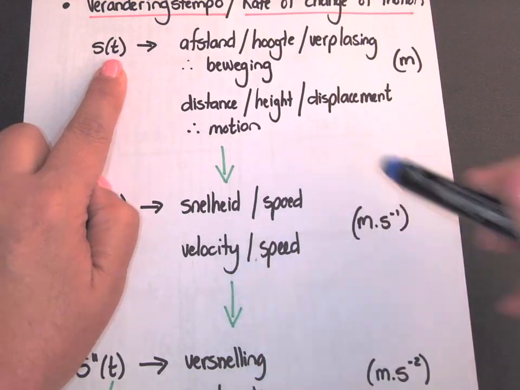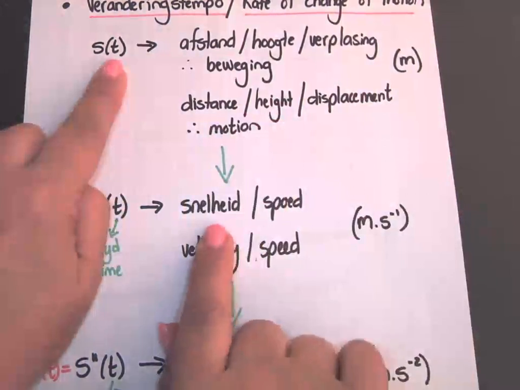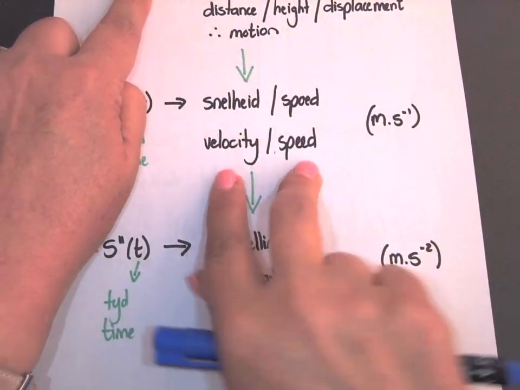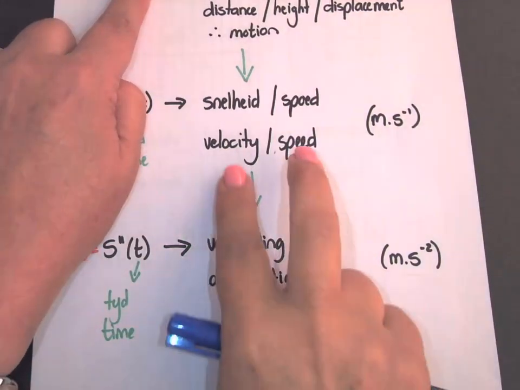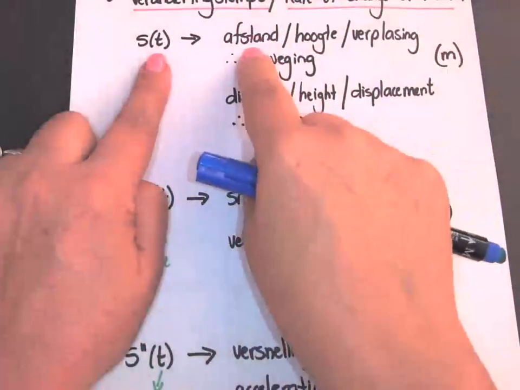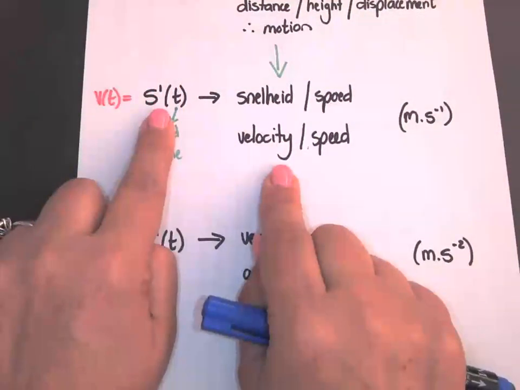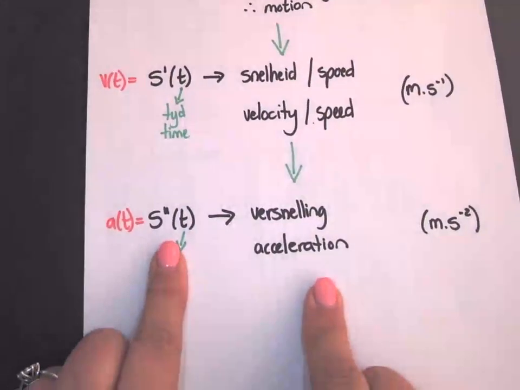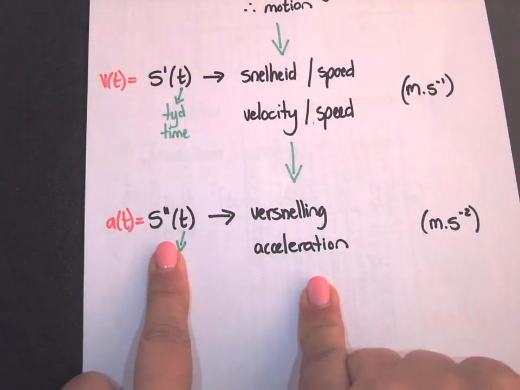When you put a little bit of time into distance, height, and displacement, you get speed or velocity. And when you put a little bit more time into speed or velocity, you get acceleration. And to get from distance to velocity, you differentiate. And to get from velocity to acceleration, you differentiate again. Okay. Do you understand what I mean?